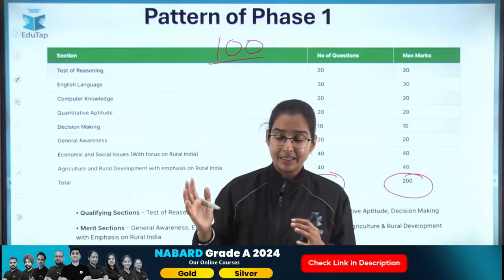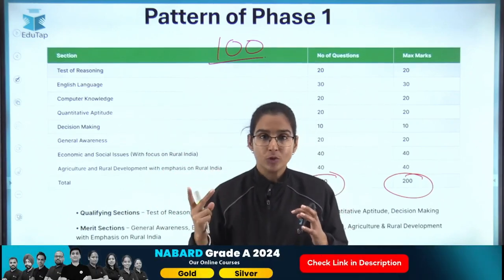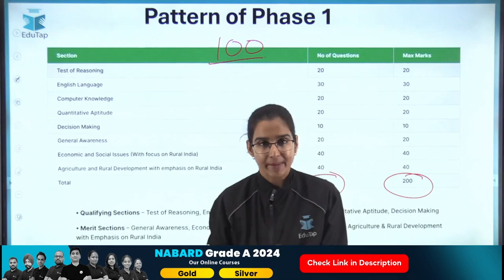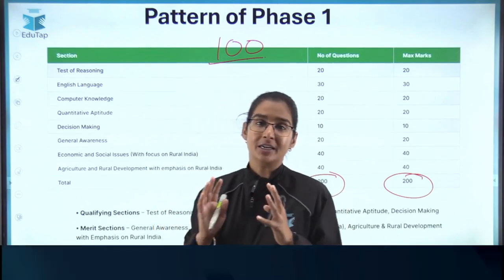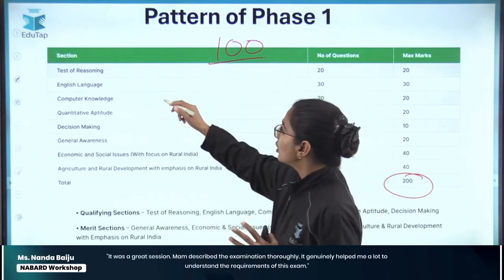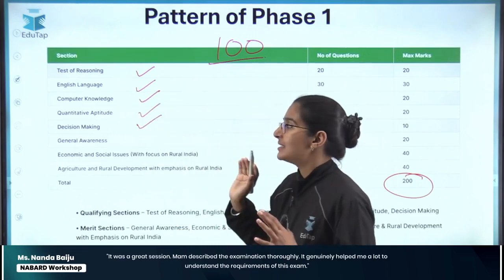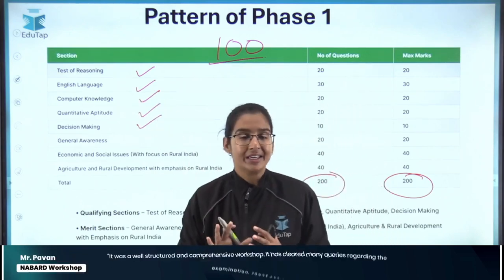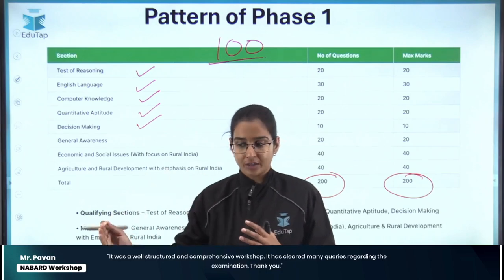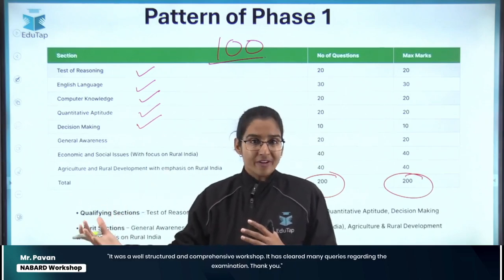Now how is it done? Basically in this paper, in phase 1, there are going to be two sections, the qualifying section and the merit section. The qualifying section consists of 5 areas, which include reasoning, English, computer, quantitative aptitude and decision making. These are the 5 areas which constitute your non-merit or qualifying section.